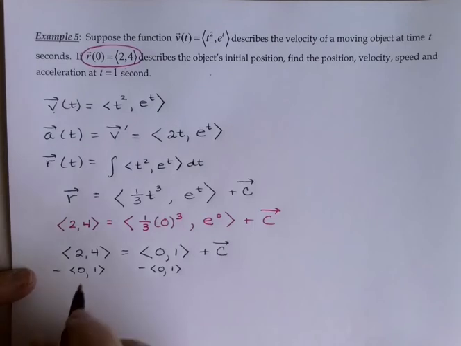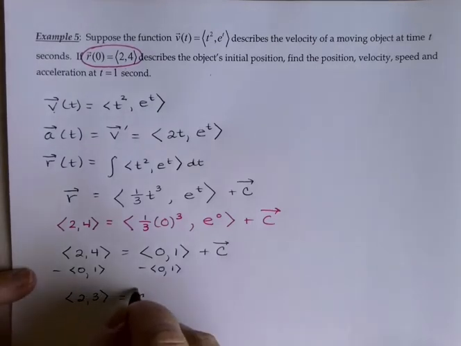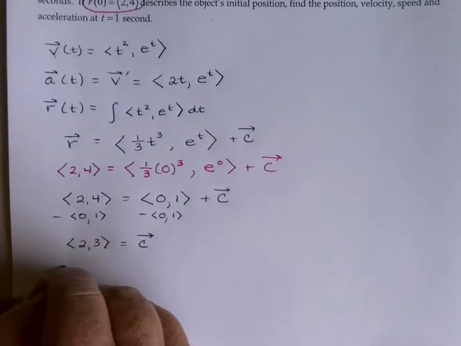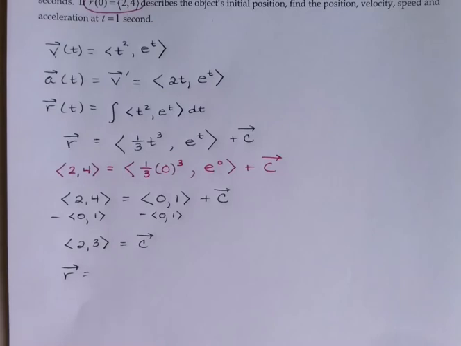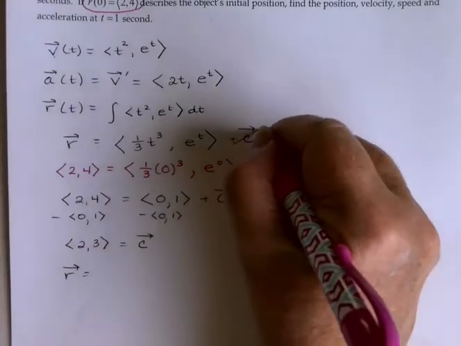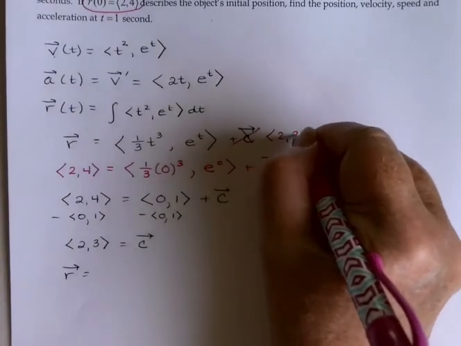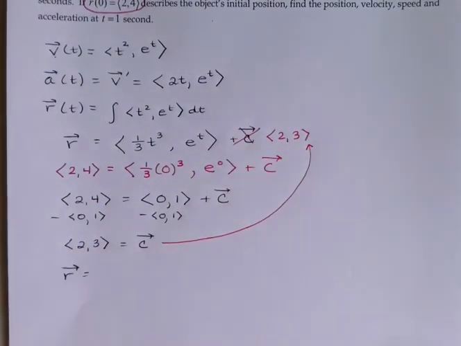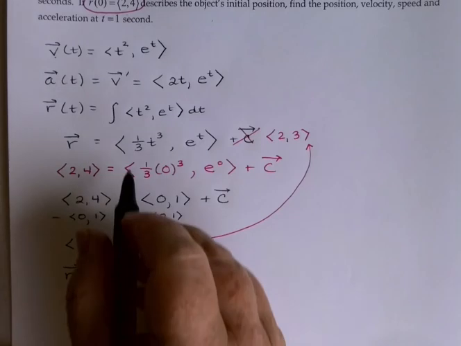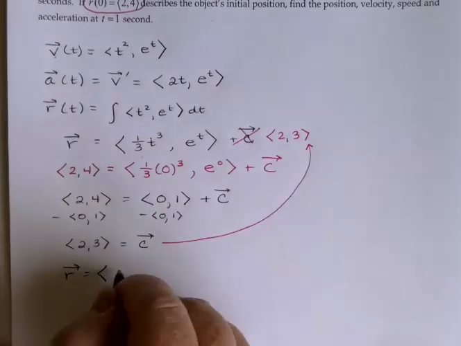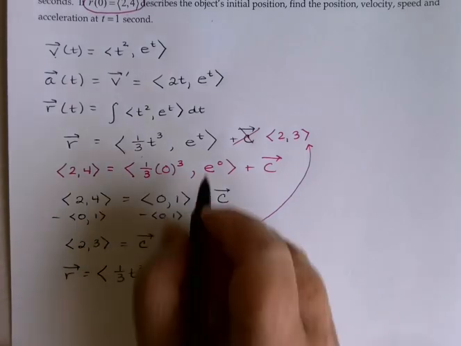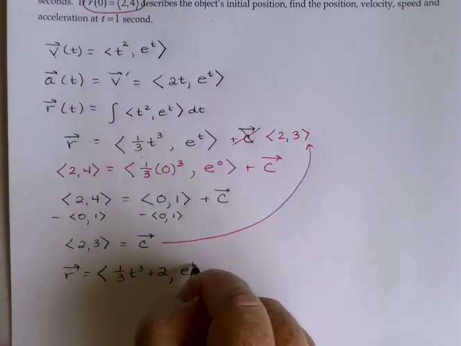And so 2, 3 is actually going to be my c vector. So if c turned out to be 2, 3, I can write my r vector as 1/3 t cubed plus 2 and e to the t plus 3.